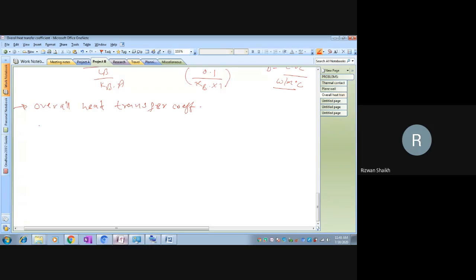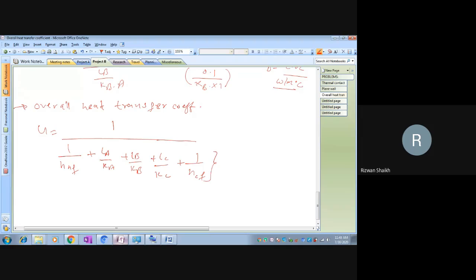U is equal to 1 upon (1 by HF plus, for the number of layers, we have 3 layers, so LA upon KA plus LB upon KB plus LC upon KC plus 1 upon HCF).